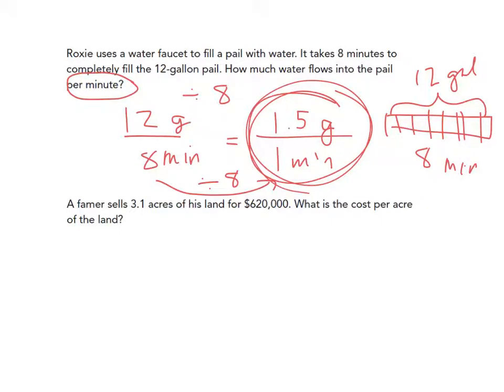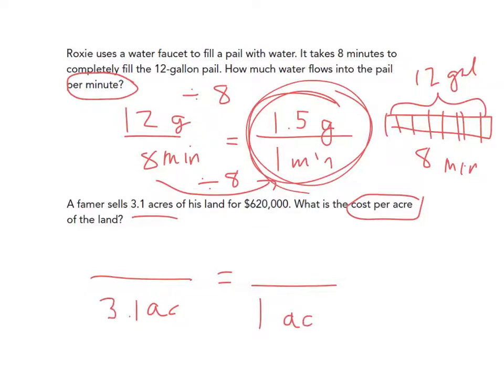A farmer sells 3.1 acres of land for $620,000. What's the cost per acre? So they want me to get from however many acres I started with down to a single acre. Well, it looks to me like they start with 3.1 acres for $620,000. And I know the only way to get from 3.1 acres down to 1 acre is divide by itself.